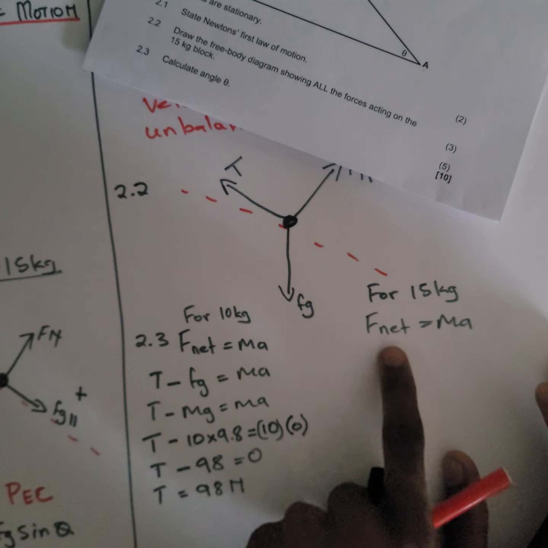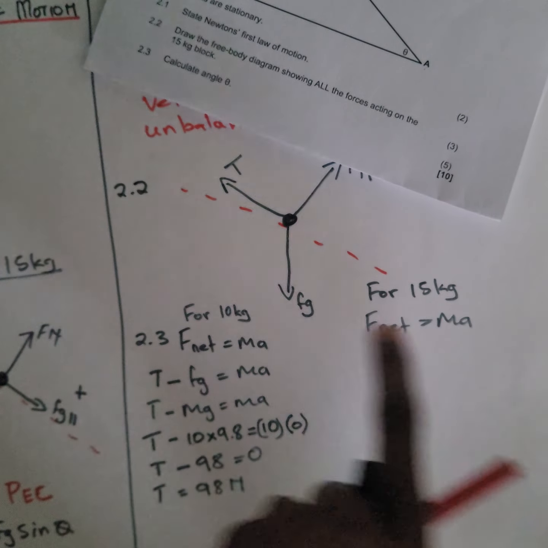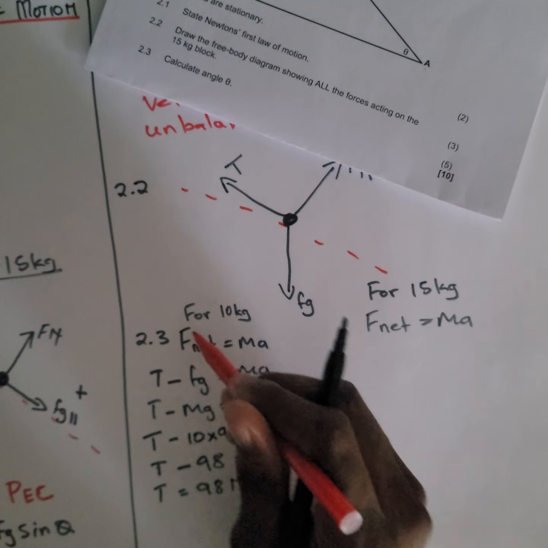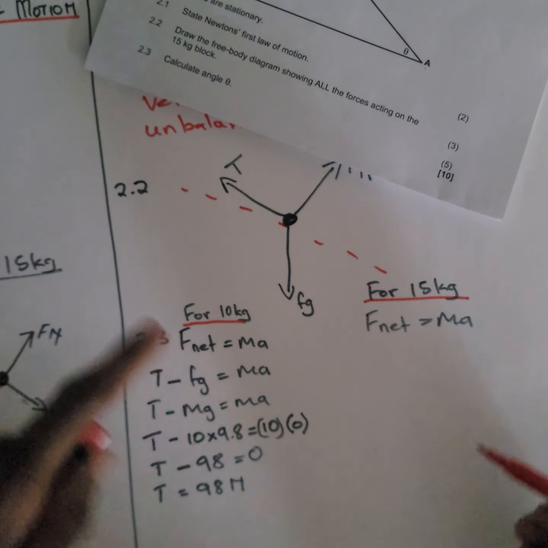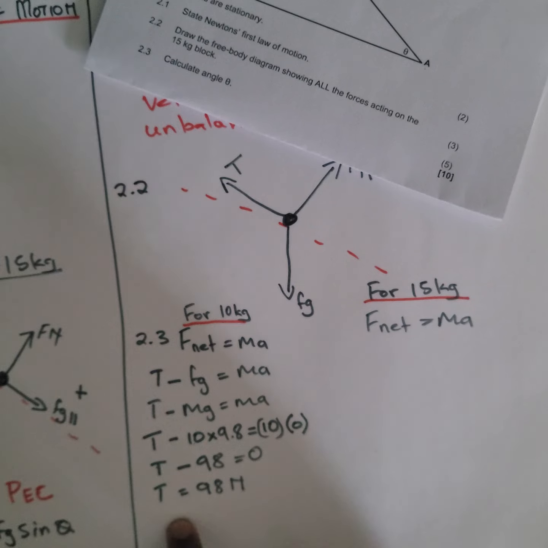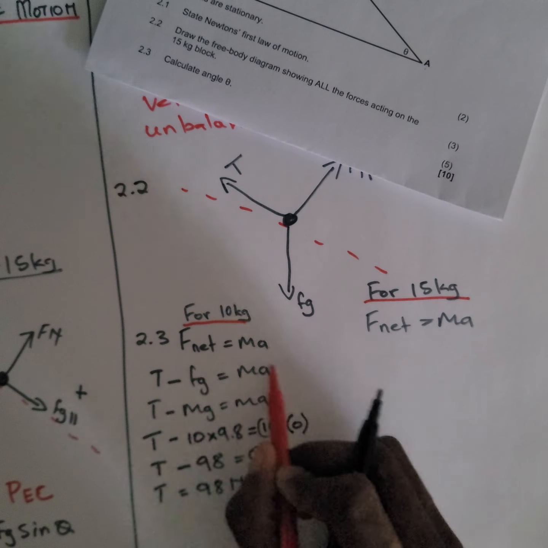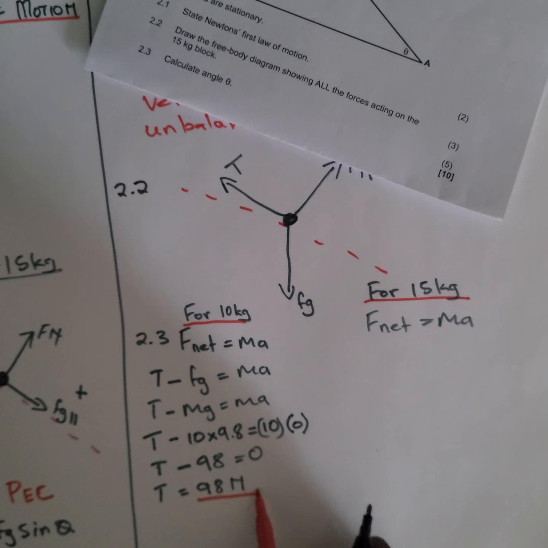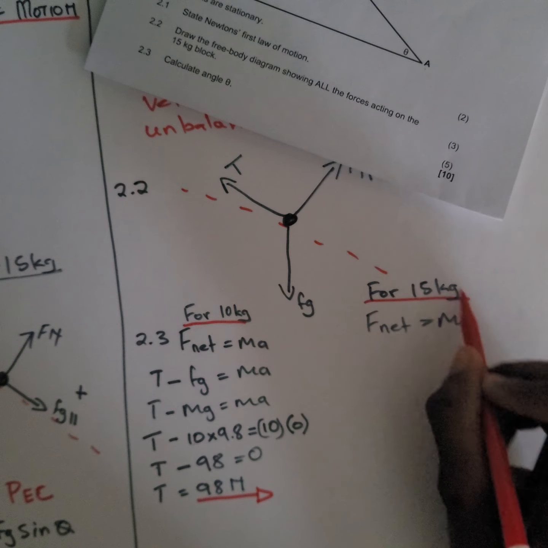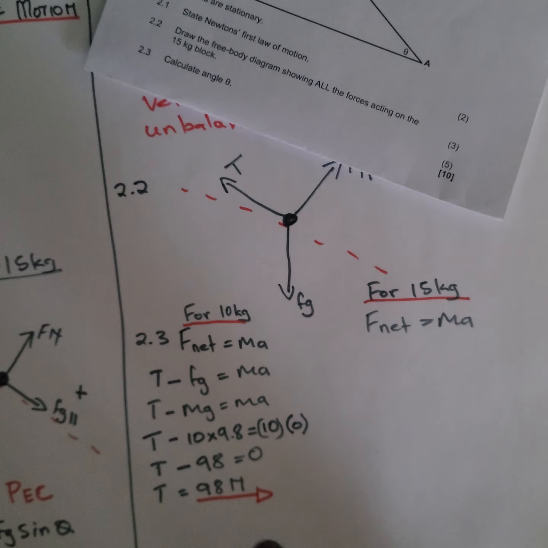I'm applying now Newton's second law of motion to each block. For this 10 kg, I used Newton's second law of motion to find the tension there. And then I will use this tension to be able to find my theta there.